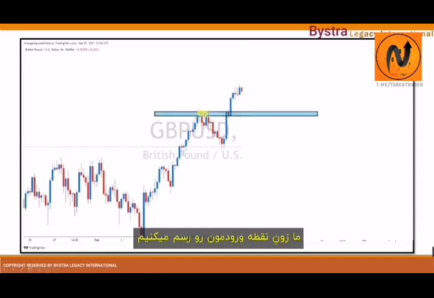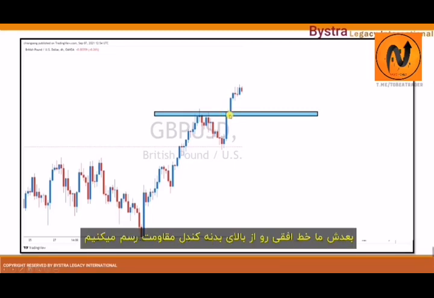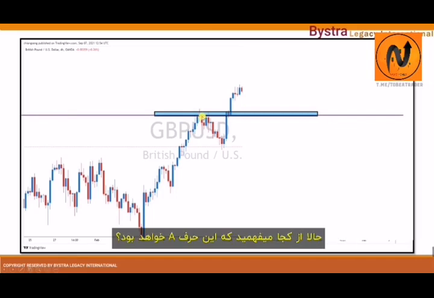So what should we do? We mark the zone of our entry point, which is the body base of the rally base rally. Then we mark the horizontal line at the top of the body of the resistance. Now, how do you know that this will be a capital letter A? The only way we can know this is to move this chart to the line chart.